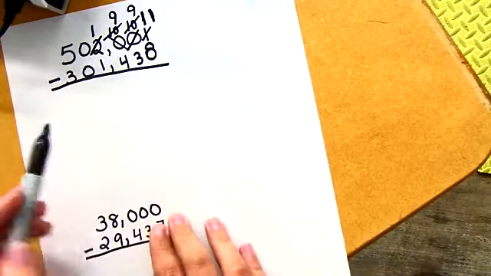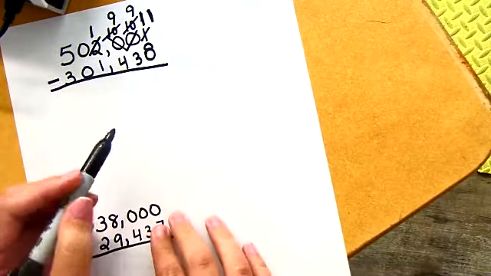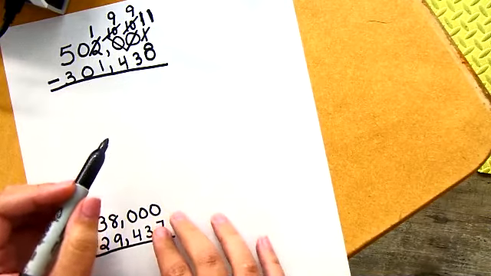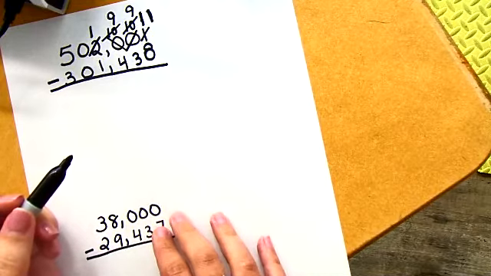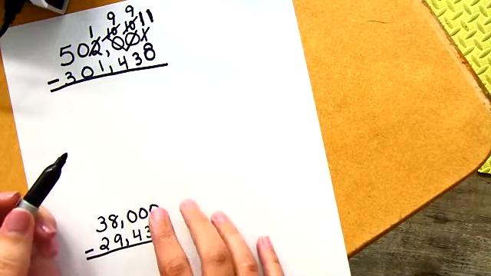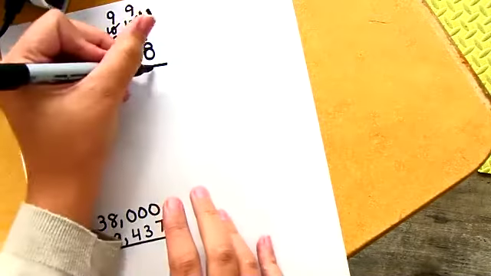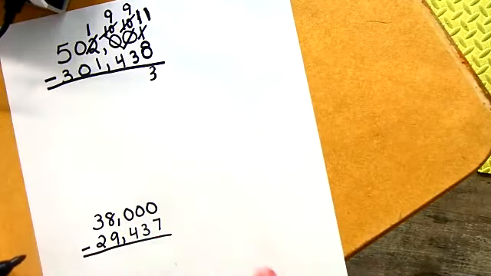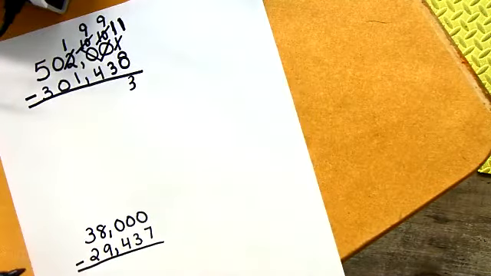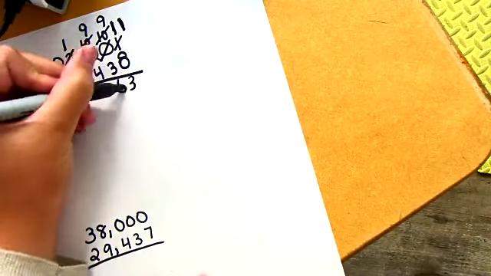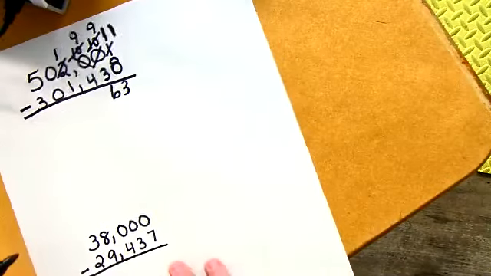All right, so now I can subtract 11 minus 8. Hopefully you're doing that in your head with me. And you should have got 3. All right, 9 minus 3. Hopefully you're doing that in your head. And hopefully you got 6. 9 minus 4.